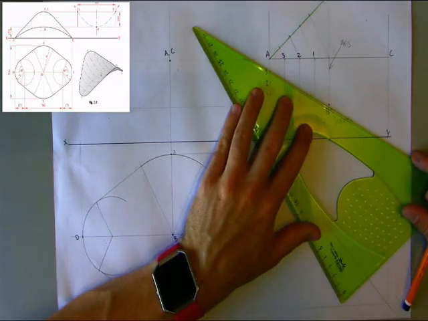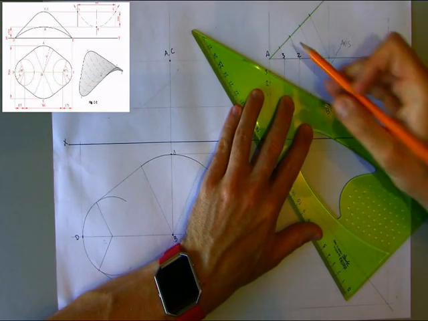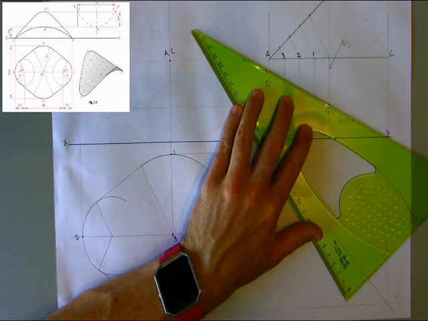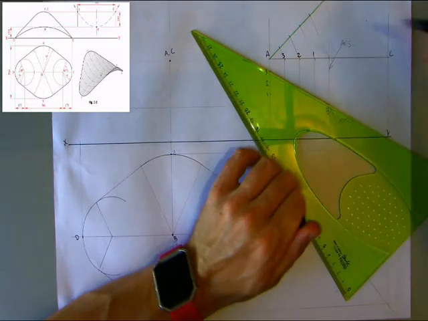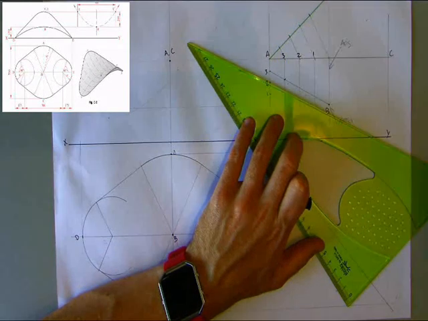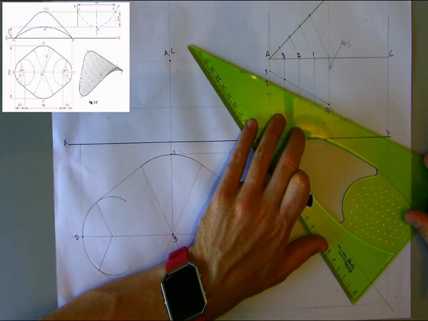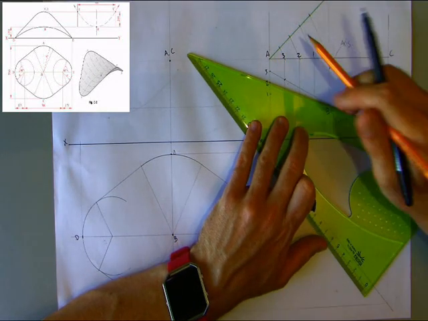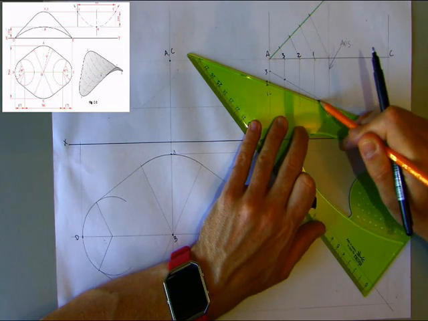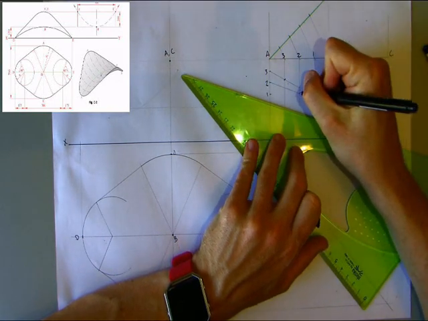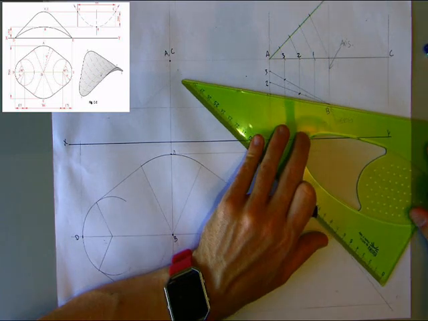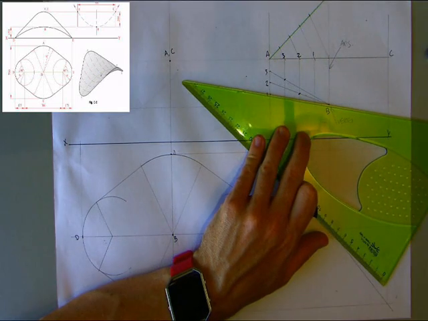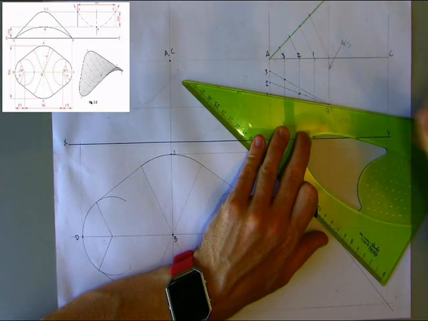So we take 3, bring it to the vertex, where do the two 3's cross? They cross there, giving us the point. Bring 2 to the vertex. Where do the 2's cross? They cross there. Bring 1 to the vertex. Where do the two 1's cross?